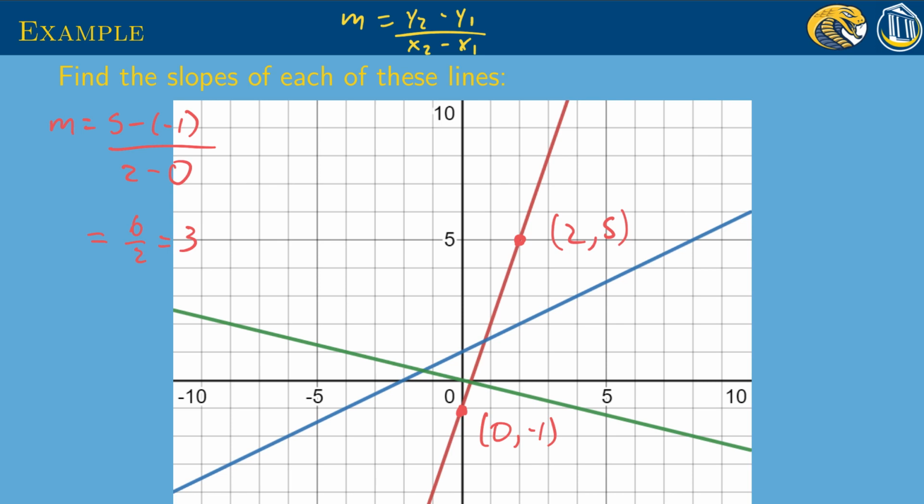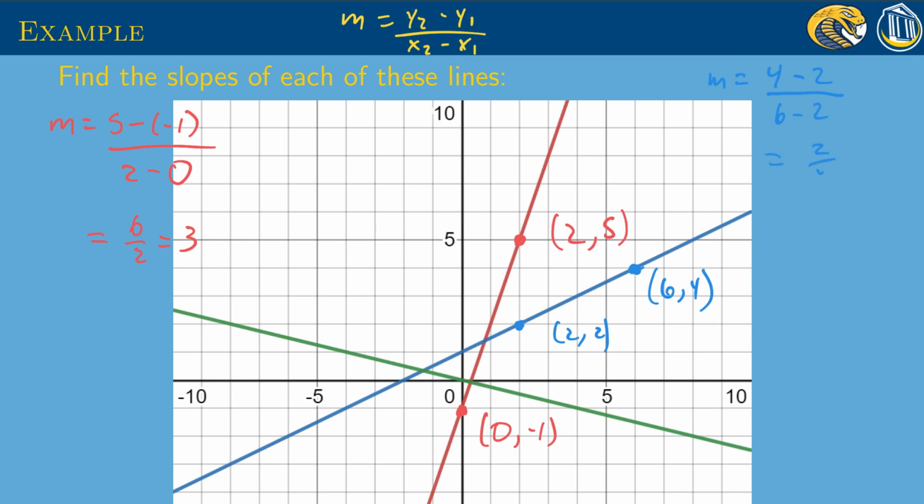Let's try the blue line. Let's find 2 points on the blue line. This one seems pretty clear. That's 6, 4. And this one's pretty clear. That's 2, 2. Using the same formula, m equals y2 minus y1 divided by x2 minus x1.